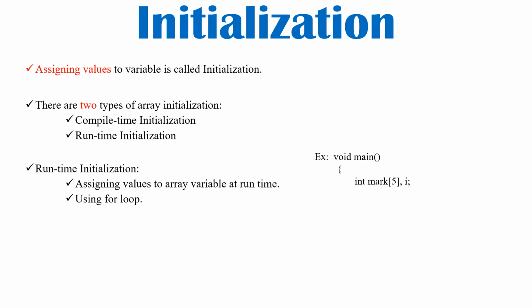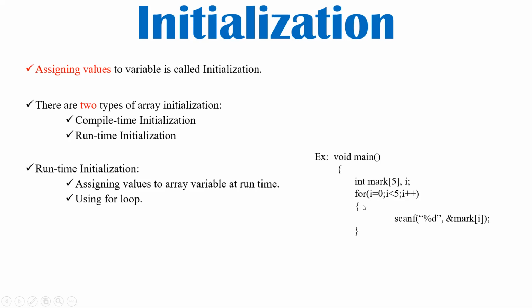So we will see one example. Here I have an array variable named mark. How many elements can I store in this array? 5. So 5 marks I can store in this array. At runtime, I am going to initialize it using scanf under the for loop.